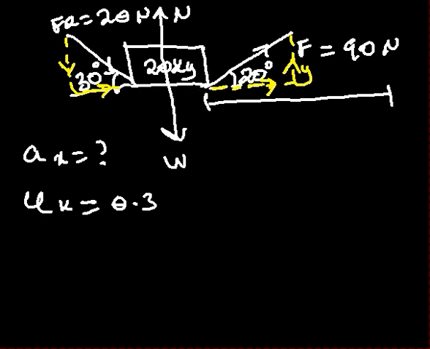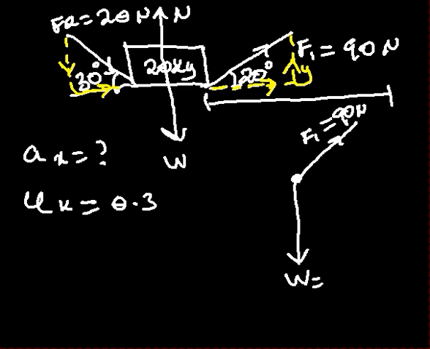And mind you, a free body diagram presents the object as a point particle. Let me have this one as the force F1, which is given as 90 newtons, and we have the weight of the object, which is pointing downwards, given as mg.